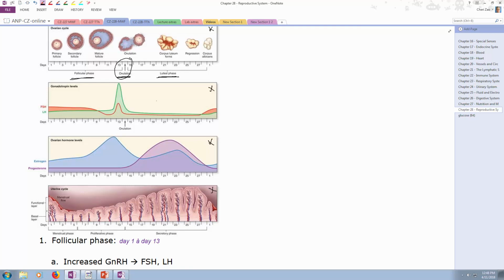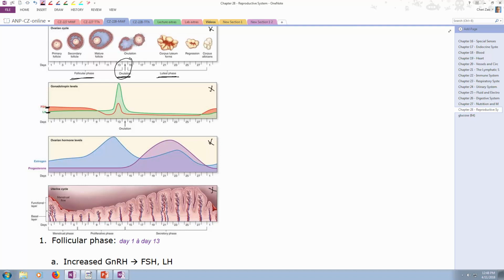So let's see. On day 1, which is the beginning of menstruation, which is the loss of stratum functionalis, FSH levels are kind of high. LH levels, they're not that high, but they're higher than what we see in the second half of the cycle. FSH is going to be responsible for, indeed, follicle stimulating.